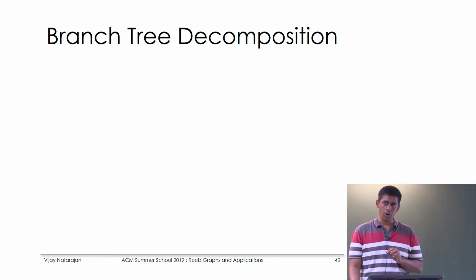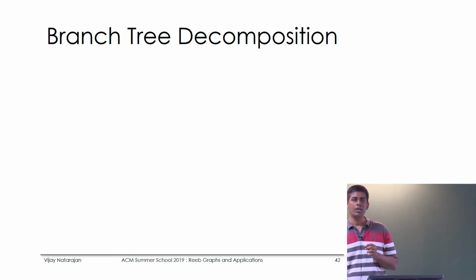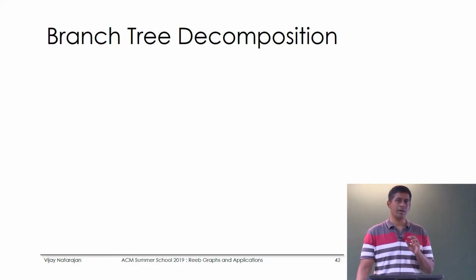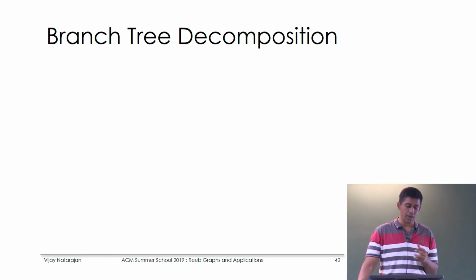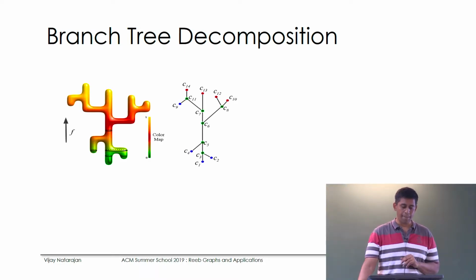So when you have a contour tree, we've already seen simplification, right. This simplification actually lends itself, gives us actually a very nice representation of the tree, and this is called the branch tree decomposition, right. It's actually a very natural representation if you look at it in hindsight.